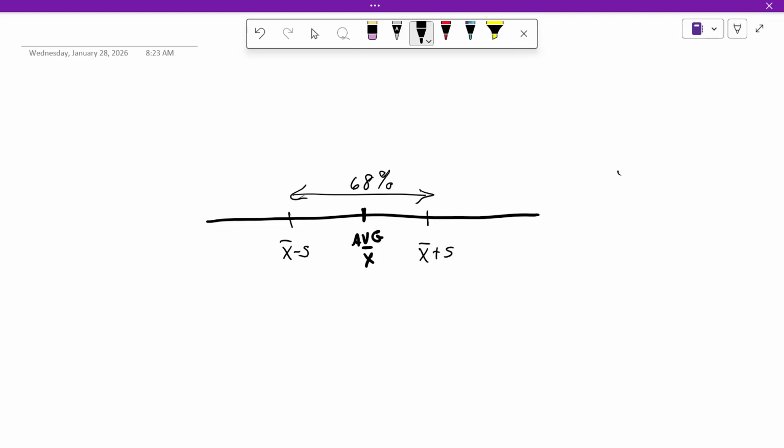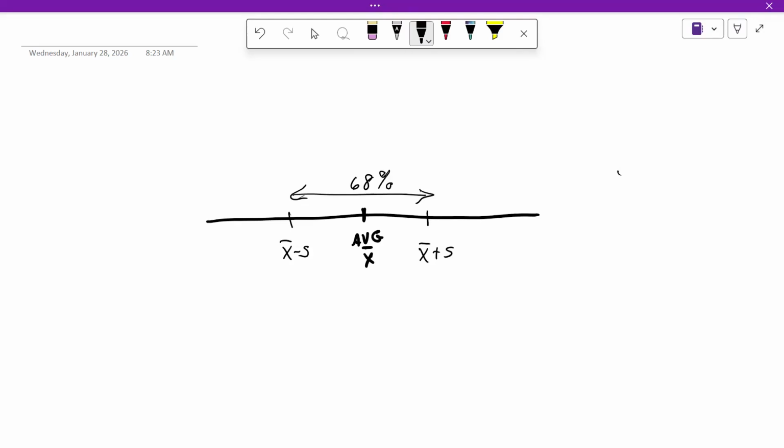Suppose I got the height of people in this room. We calculated the average and the standard deviation. The bet is that the next person that walks in the room is within 1 standard deviation up and 1 down with 68% odds.